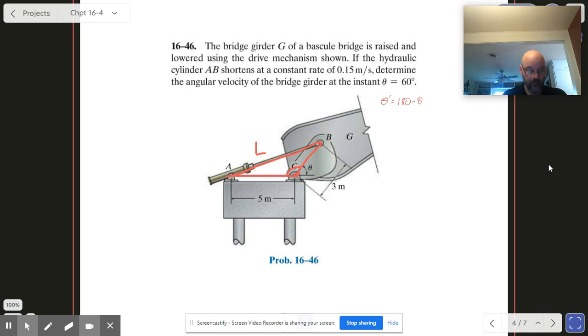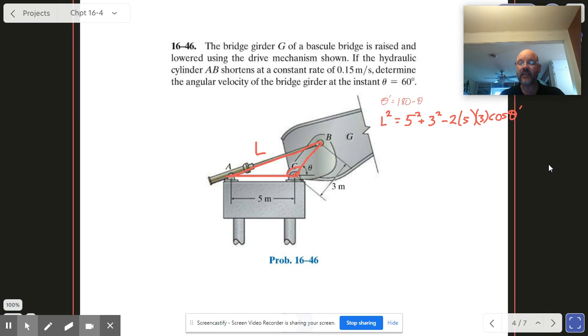And so we're going to start off here with saying that L squared is equal to the two sides. So we got 5 squared plus 3 squared minus 2 times 5 times 3 times cosine of theta prime.